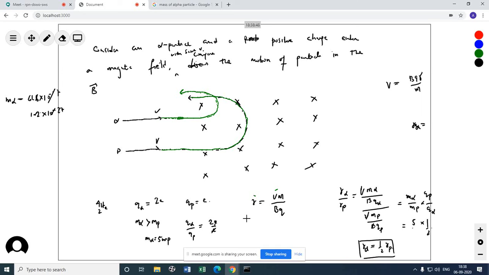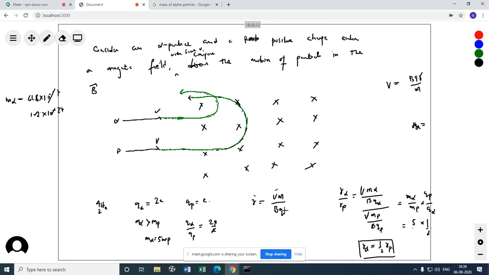Okay? Or maybe the charge may also be given. The two charged particles are entering a region in which the charges are the same but their masses are different. Charges same, masses different. So which one will have greater radii? You can clearly say that if V is constant, mass is different, right?